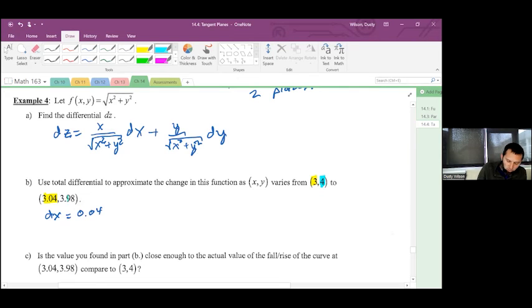And my y's go from 4 to 3.98. So that tells me my dy will equal negative 0.02. And we also know that our (x, y) is going to be the initial point, which would be the (3, 4).